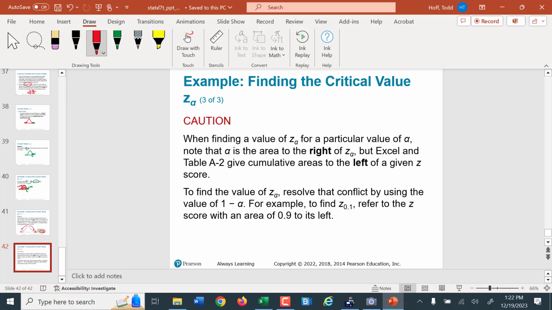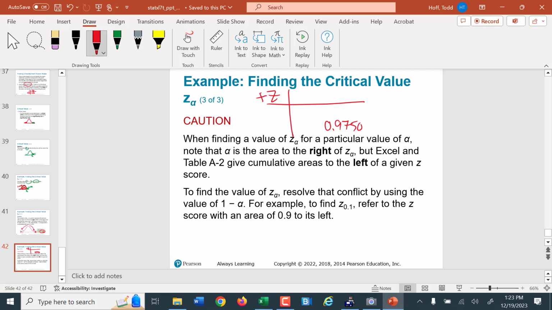To do that, we can either use Excel using a normal inverse, or we can use the table backwards. If I'm looking in the table, I'm going to look in the body of the table. Since this probability is greater than 0.5, that tells us we're in the positive z-scores. So we're in the table on page 779. We're looking for a number as close to 0.9750 as possible.